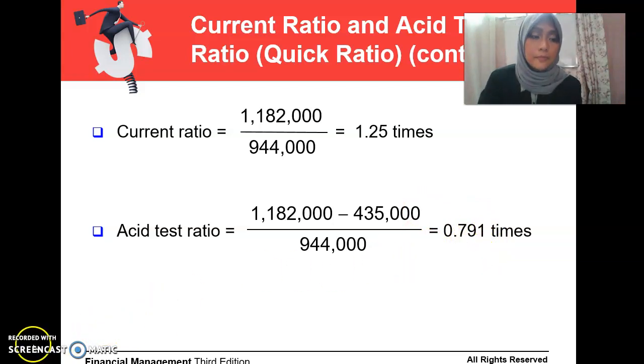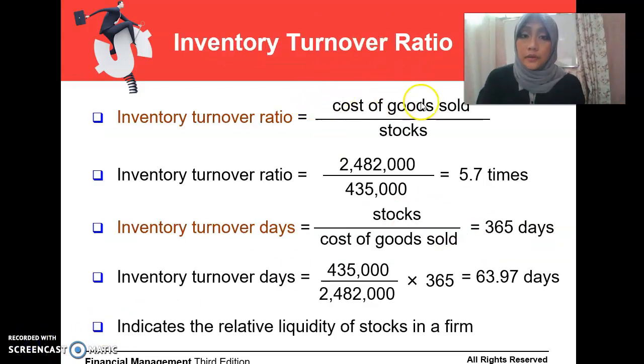Okay, next, inventory turnover ratio. What is inventory turnover ratio? Inventory turnover ratio is how much cost of goods sold over the stocks that the firm has. So the formula is cost of goods sold over stock.